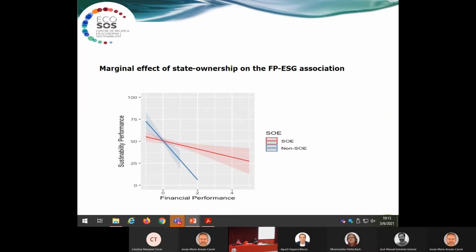Regarding size and age, we found that both of them significantly influence ESG activities. It means that bigger and older firms participate more in these ESG activities.